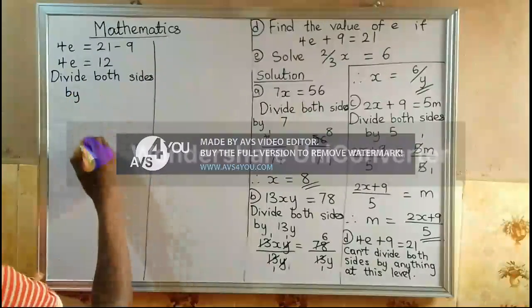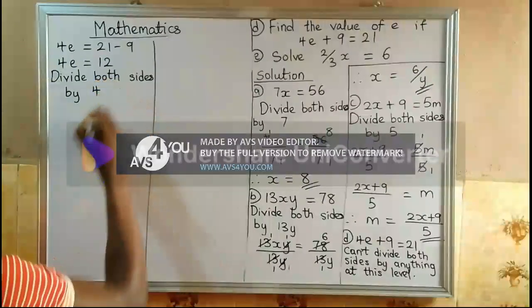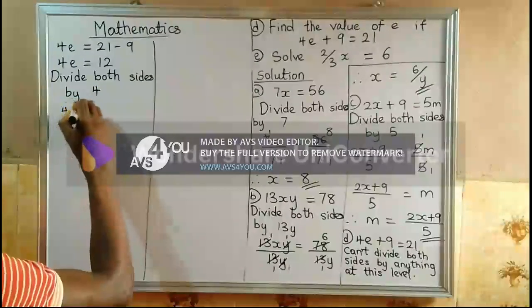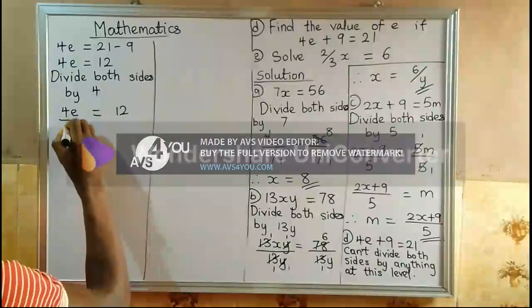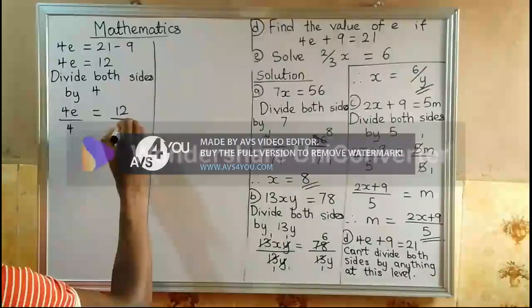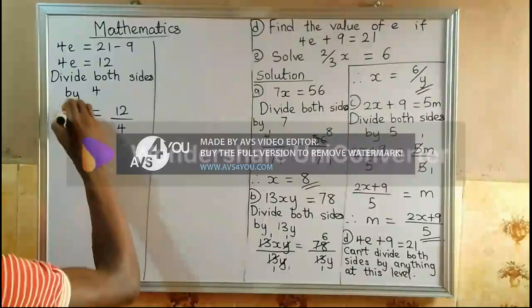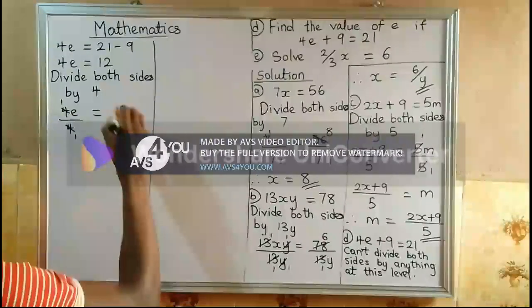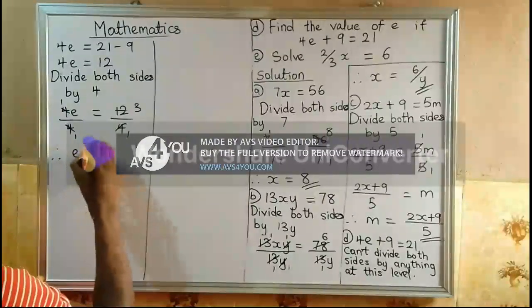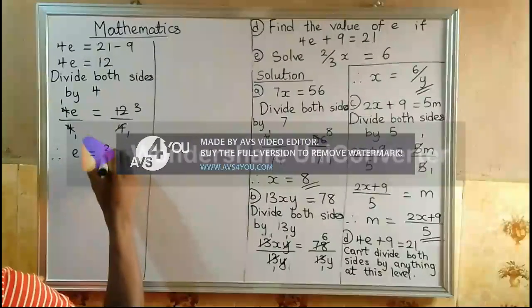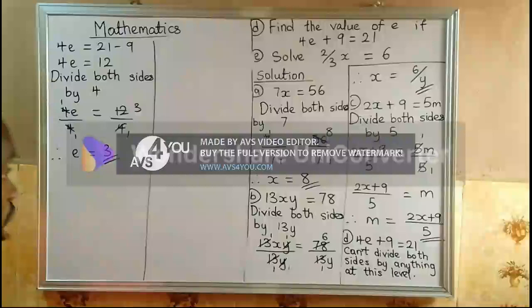Of course, by the coefficient of e, which is 4 in this case. So on the first side we have 4e, and on the second side we have 12. So you divide the first side by 4, the second side also by 4. 4 here 1, 4 here 1. 4 can go in 12 3 times. And therefore, the variable e we are looking for equals 3. So that's the final answer.